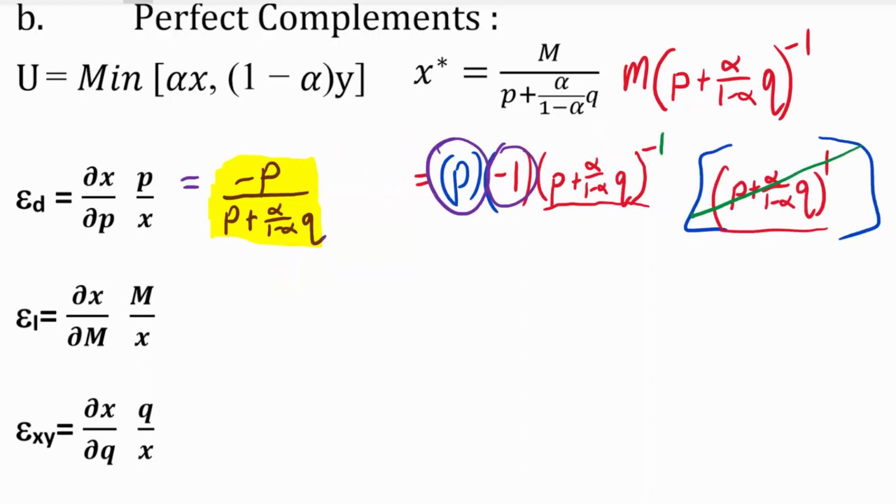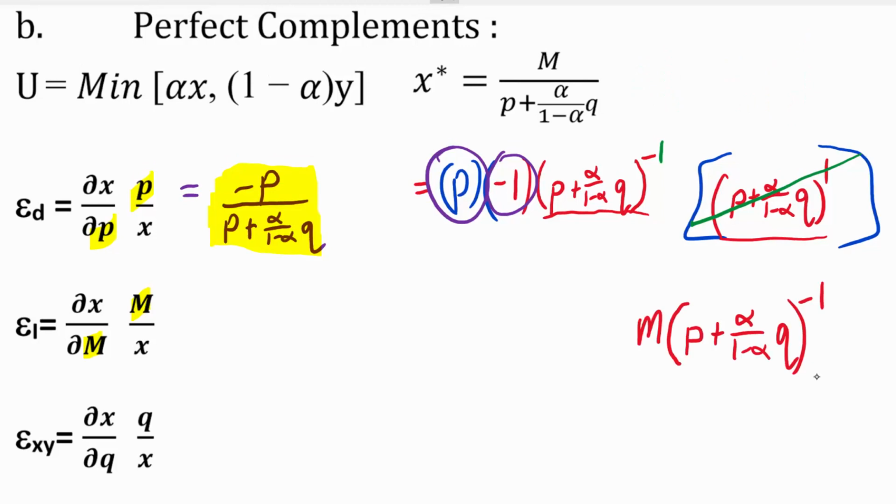Okay, now let's rinse and repeat. Let's do the same thing, except now we're looking at how the quantity changes with respect to the budget instead of the price. So when we take the derivative, let's think about this version over here.